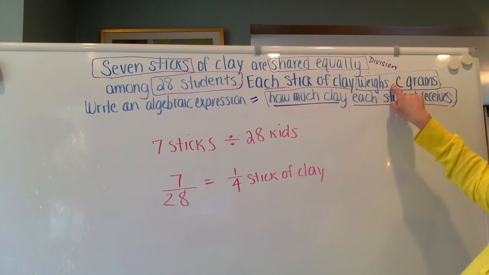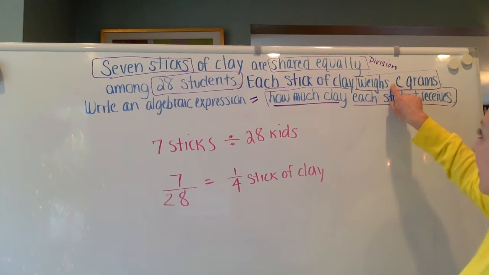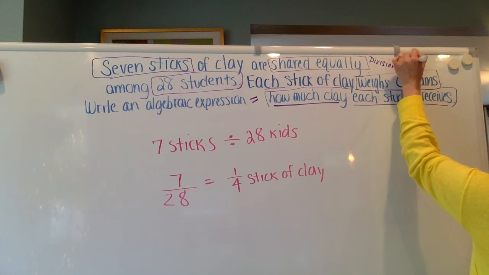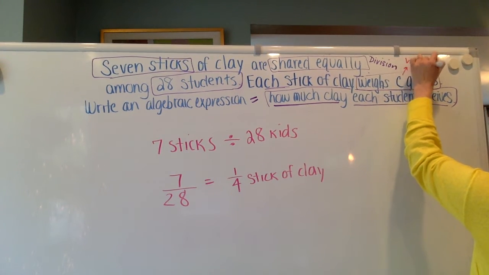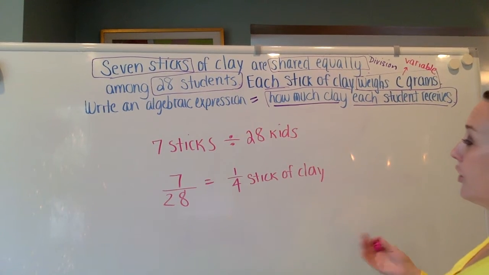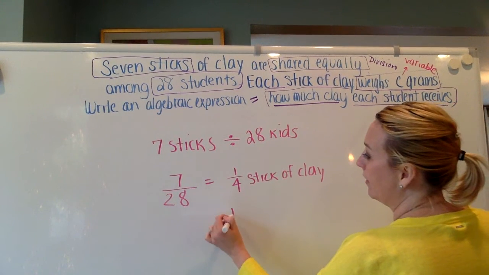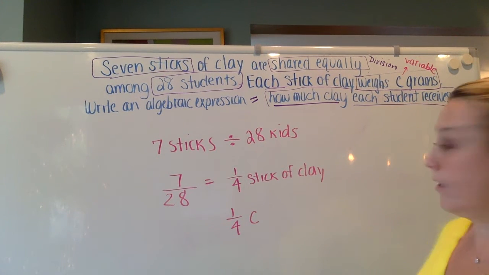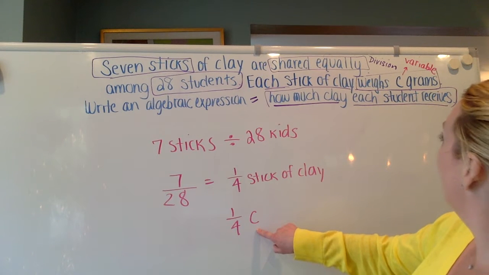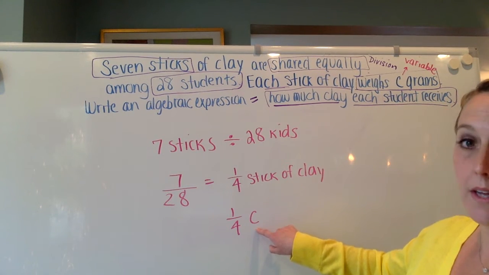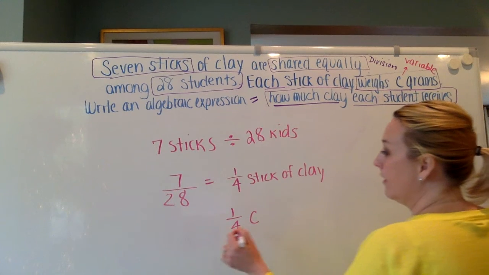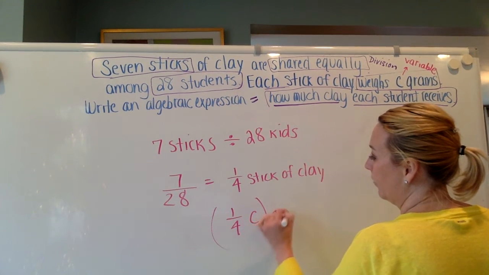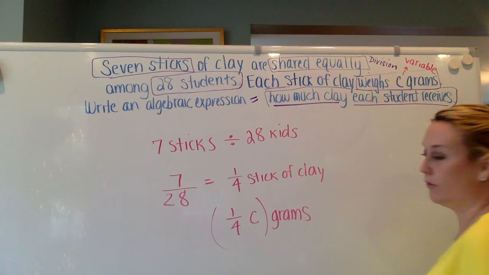And what is our variable? The variable is the weight. This is the C grams. So the C grams is our variable. So each student gets 1/4 times C. So 1/4 of a stick, and that's going to tell us what the weight is in grams. So 1/4 C, and I'm just going to label it with the word grams.